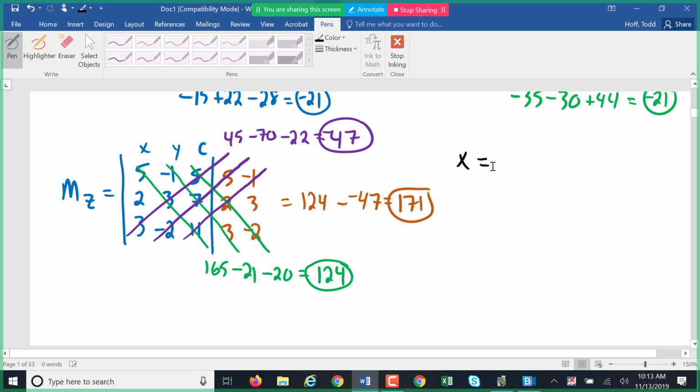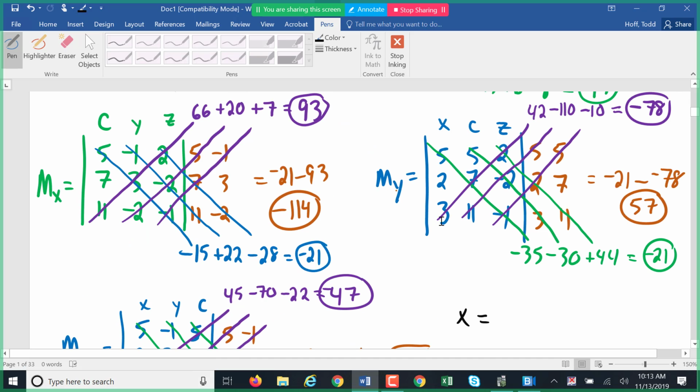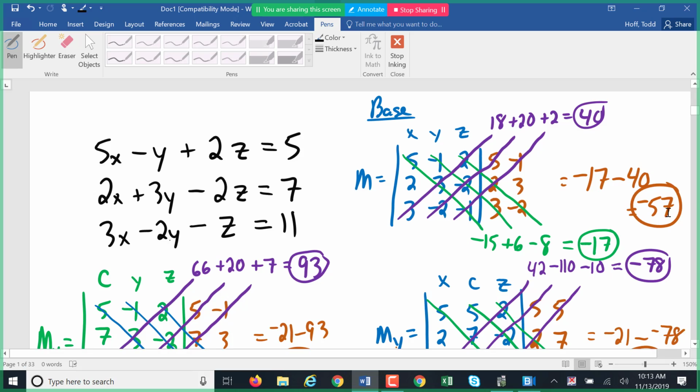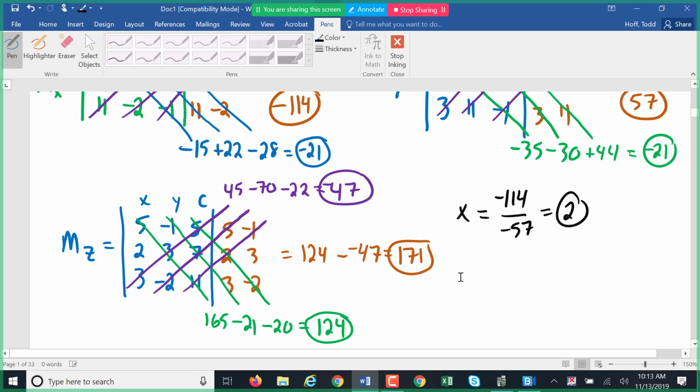So to find the value of x, the determinant of the x matrix was a negative 114. The determinant of our base matrix was a negative 57. So x is negative 114 divided by negative 57, which is a positive 2. For our value of y, the determinant of the y matrix was 57.